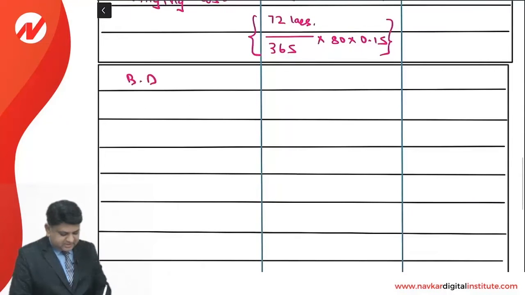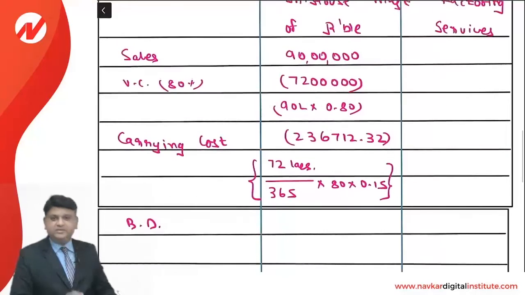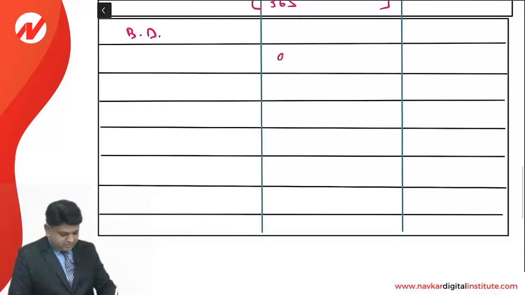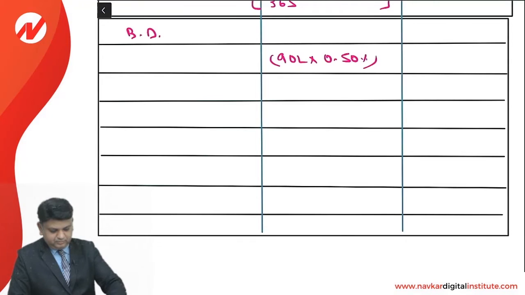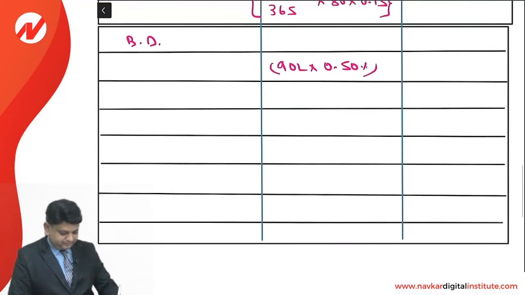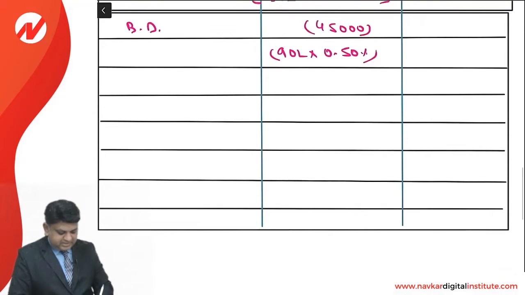Next is the bad debts. It has been given that 0.5% of the customers default. So 90 lakhs into 0.5%. That comes to 45,000. Next is the collection cost.